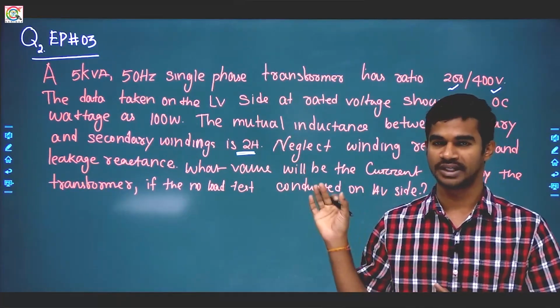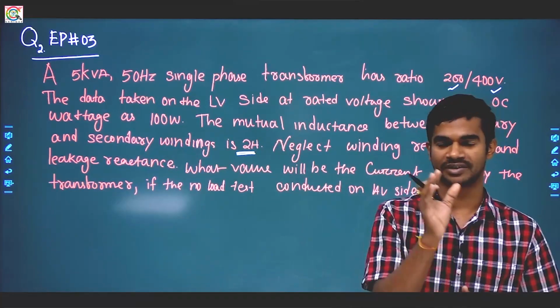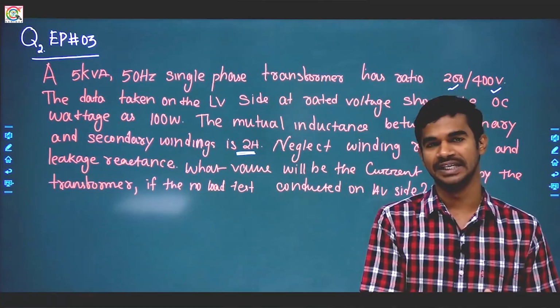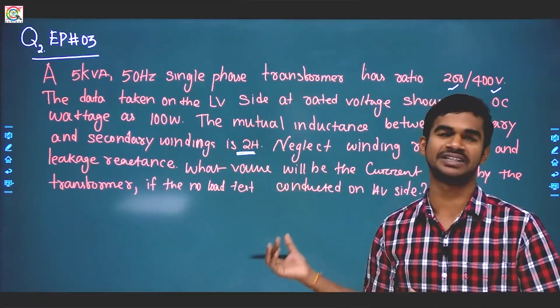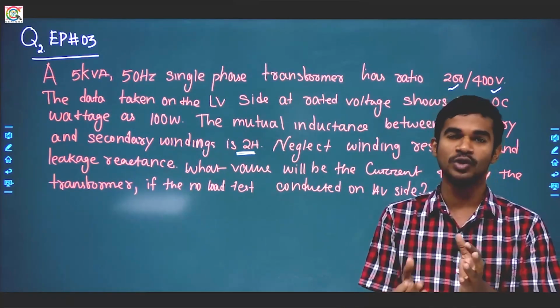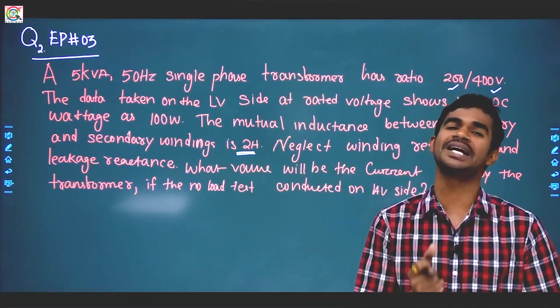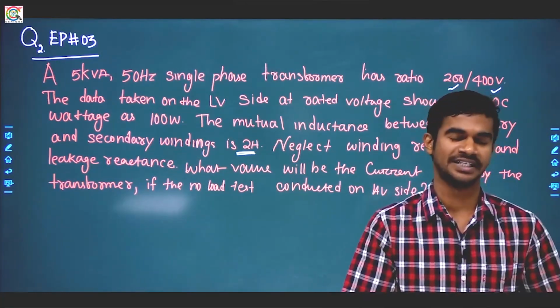In order to solve this question, we need to draw the equivalent circuit of the transformer combined with the testing of the transformer, and purely in this question the open circuit test is involved. So you have to draw the equivalent circuit of the transformer for open circuited condition.